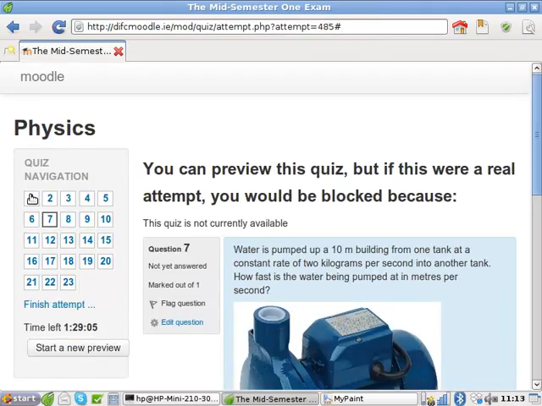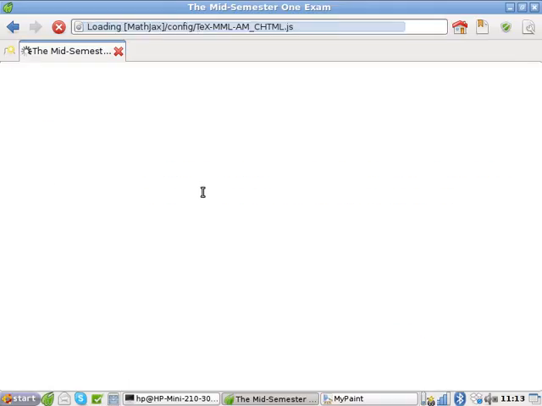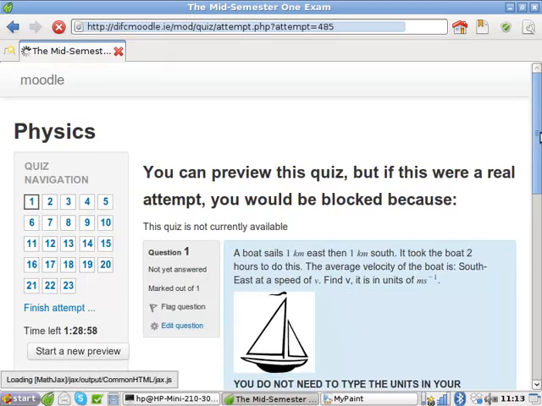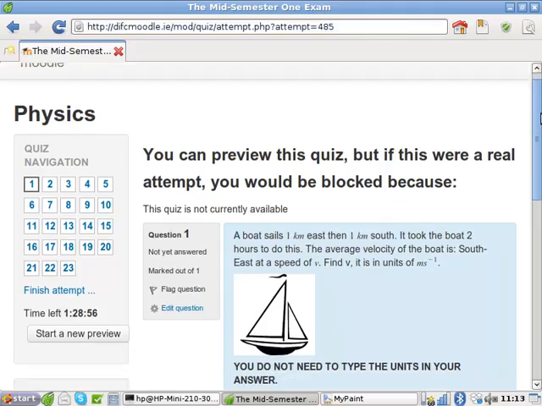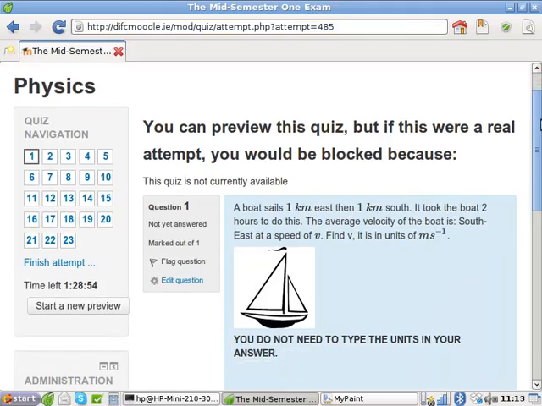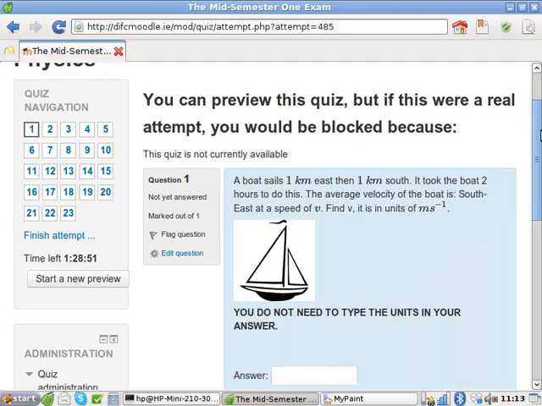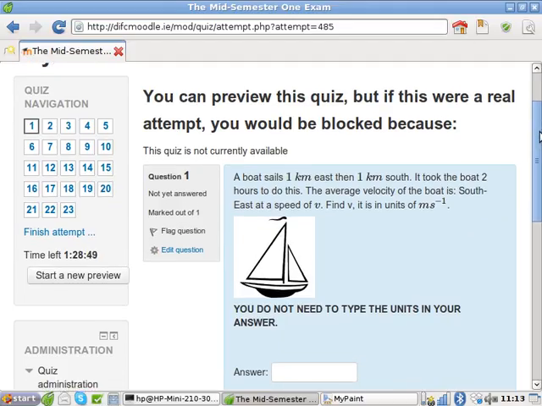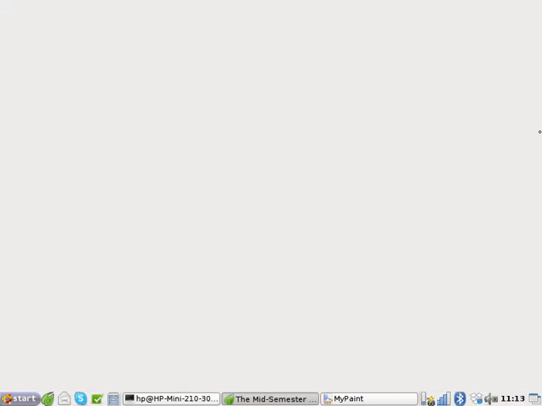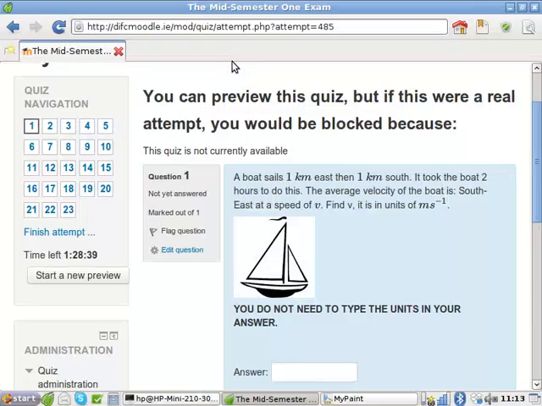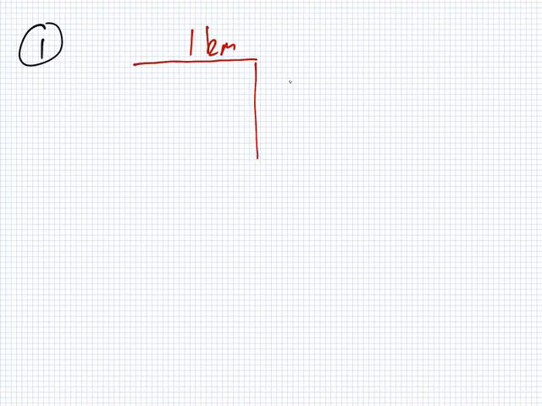Okay, question 1. A boat sails 1 kilometre east and then 1 kilometre south. It took 2 hours to do this. What's the average velocity? So in number 1 here, the boat travels 1 kilometre east, and then 1 kilometre south.